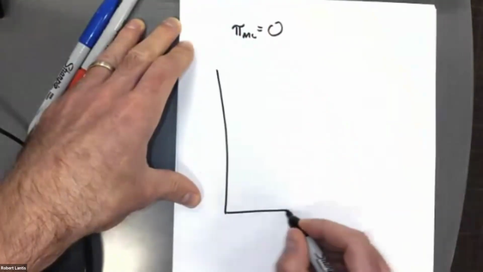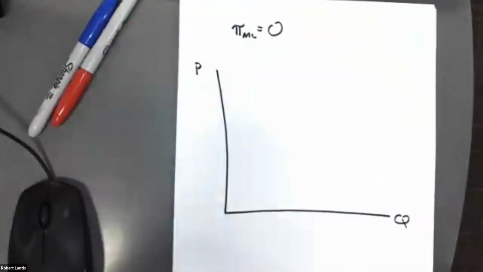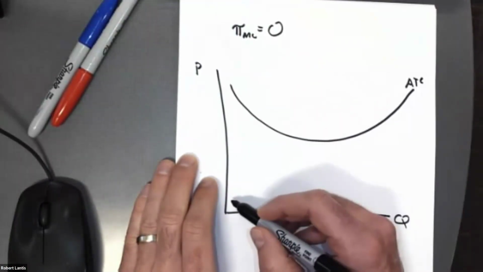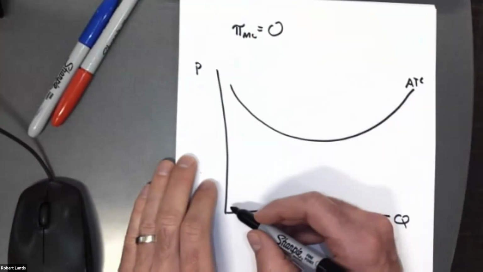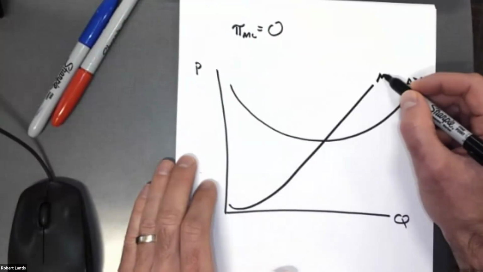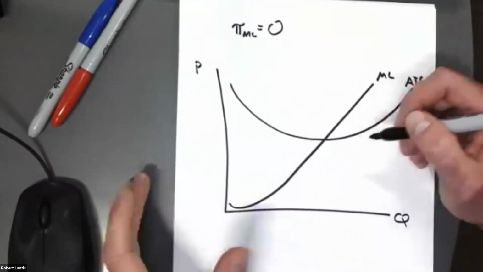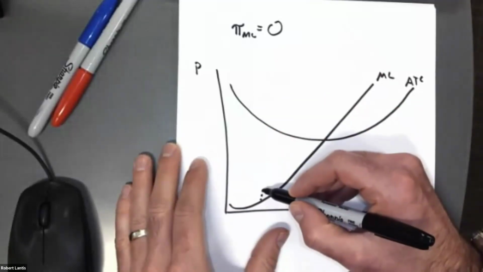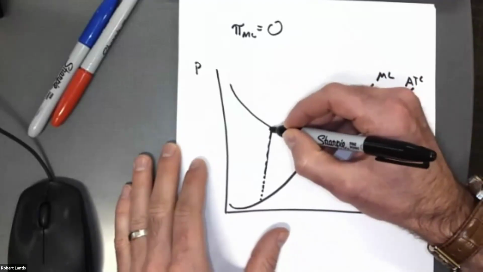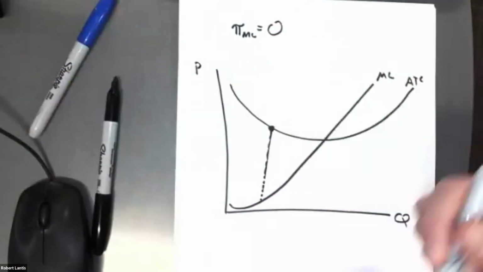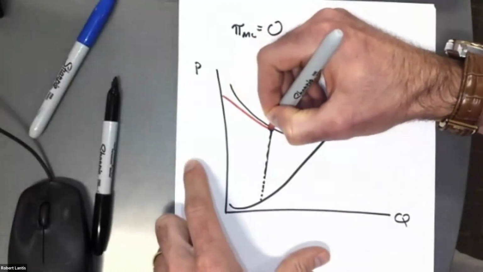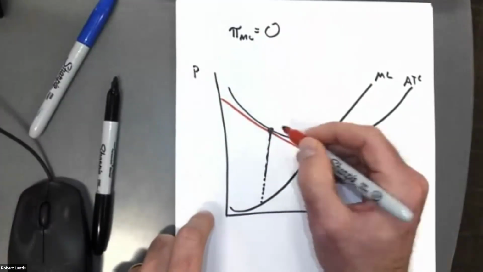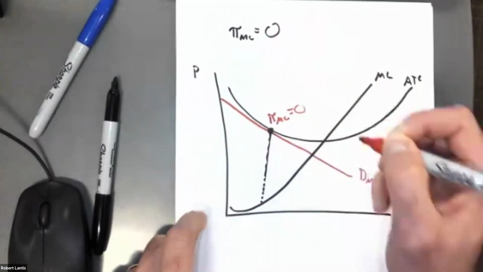So I'm going to have some average total cost curve, and marginal cost hits it at its minimum point. If profits are equal to 0, and I could draw different slope demand curves, the point that I'm at on my demand curve should be exactly the same as my average total cost in order for those profits to be equal to 0.